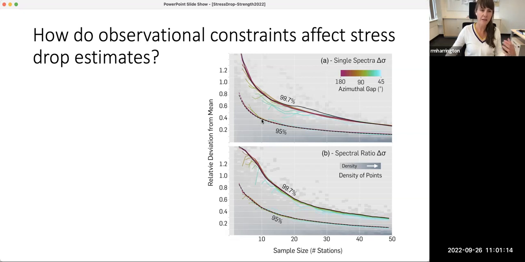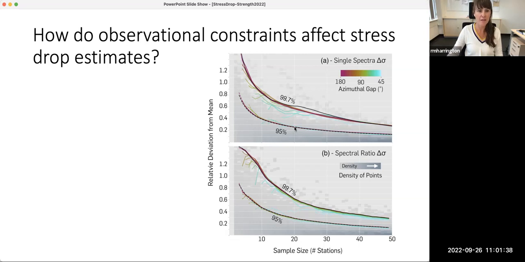We see that if we do this for a random sample, doing this 500 times, 95% of our samples will have at least a 40% deviation from the mean.